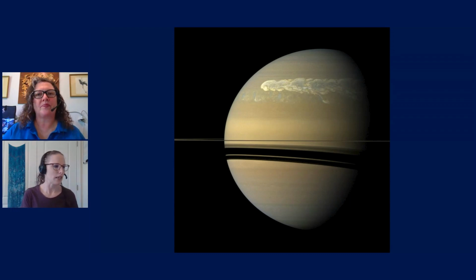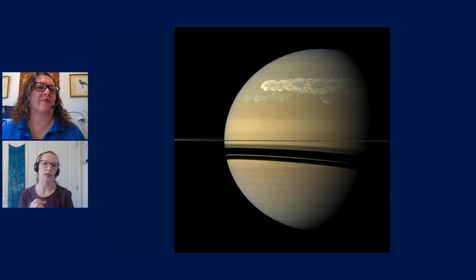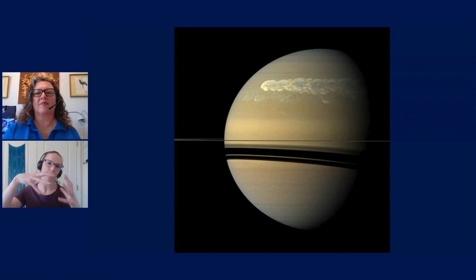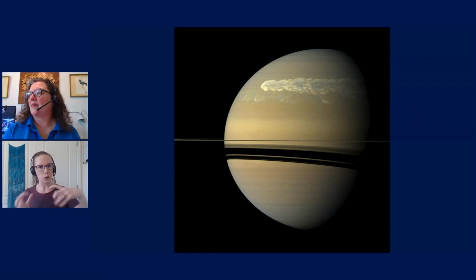Saturn's orbit, looking at my notes, is about 30 years. So its seasons are longer than ours, but when the northern half is at solstice, tilted toward the sun and warmer, we do see changes.